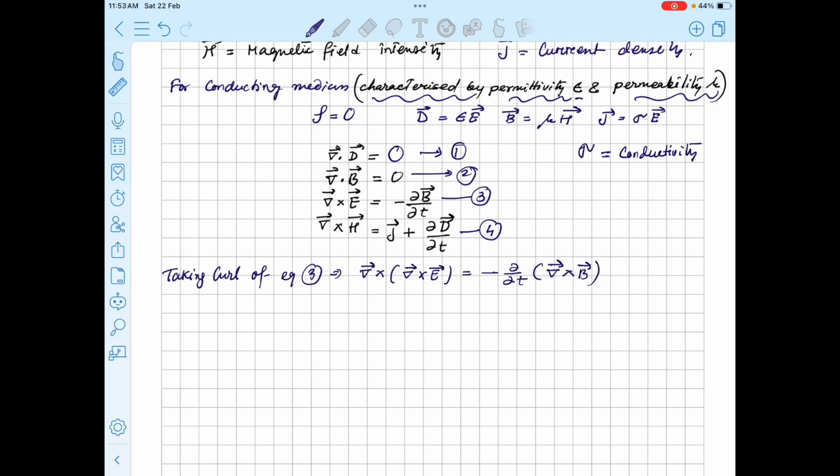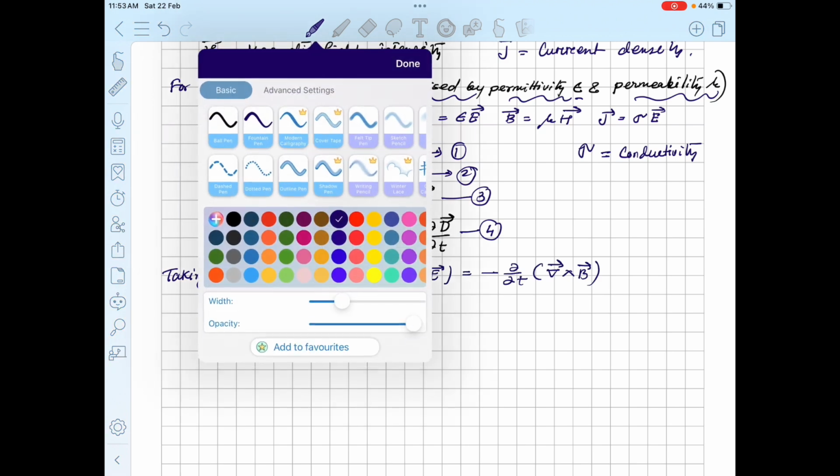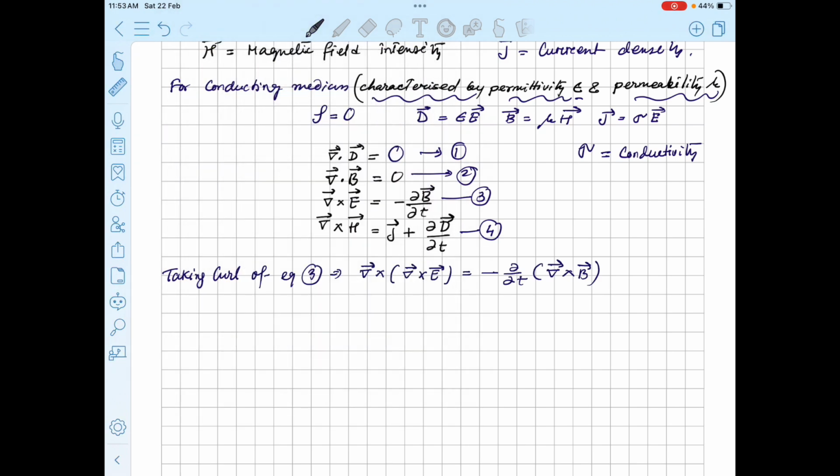Now you see, here let me use the black. Okay, so curl of E. In this case, we're going to use the vector identity: curl of curl of a vector is equal to gradient of divergence of that vector, minus del square of that vector, right?